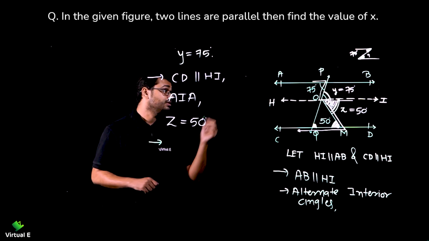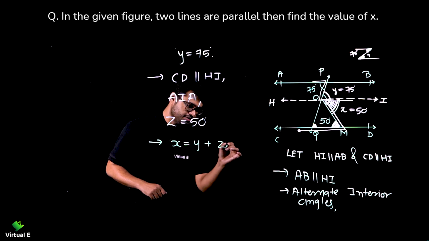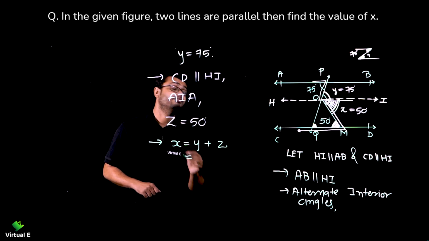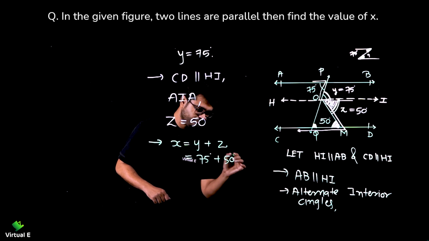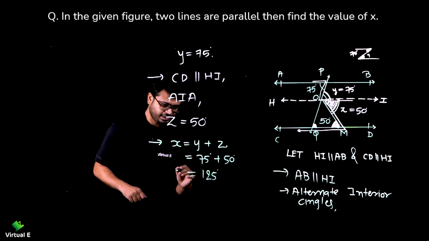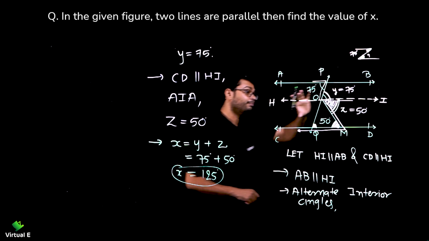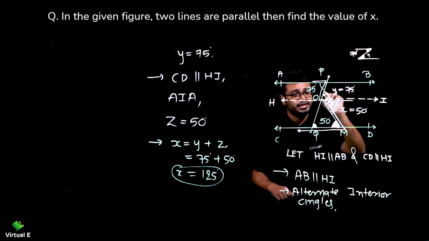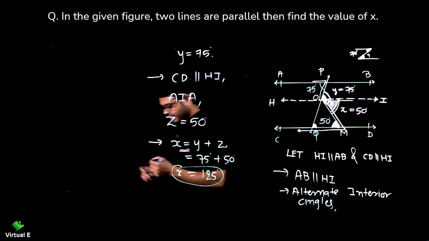So let's write the value of x. X is equal to y plus z. So value of y is 75 and here 50. So if you add them up, you are going to get 125 degree. So the value of x is what? That complete angle, this one, that value of x is what? 125 degree.